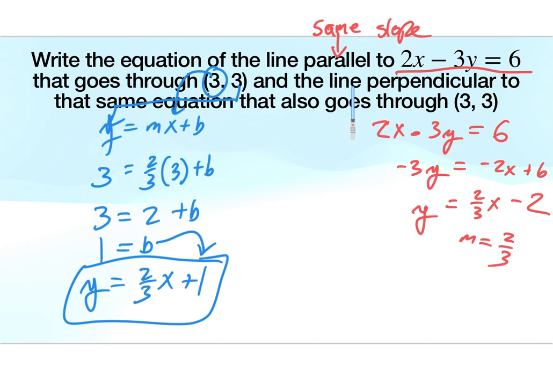Then it says, oh, and a line perpendicular. So when I see the word perpendicular, I'm thinking of the phrase negative reciprocal, which means the slope is the negative reciprocal. That green is hard to read.